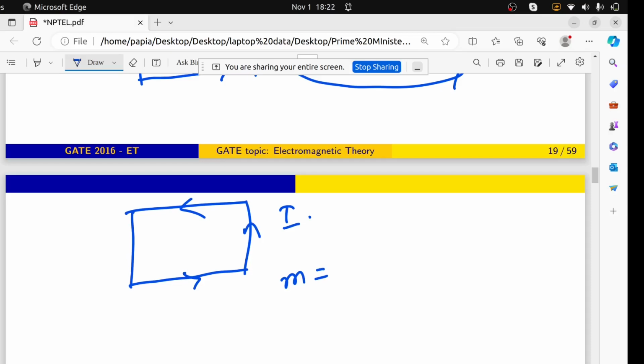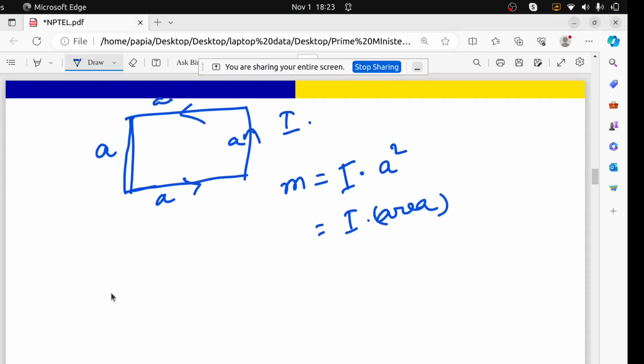Let me write here, the side of that square is A. As it is a square, each and every side will have the same length A. Magnetic dipole moment will be current into area, right? The current is I and the area is A square, because it is a square loop. So M equals I A square for this square loop case.